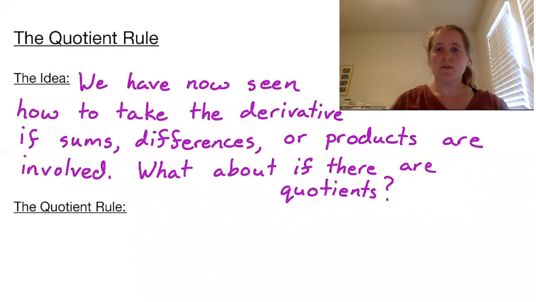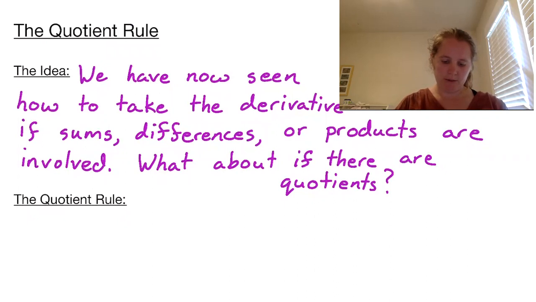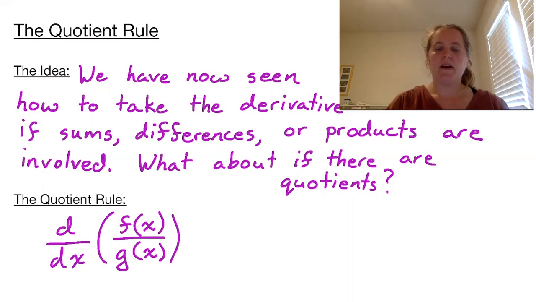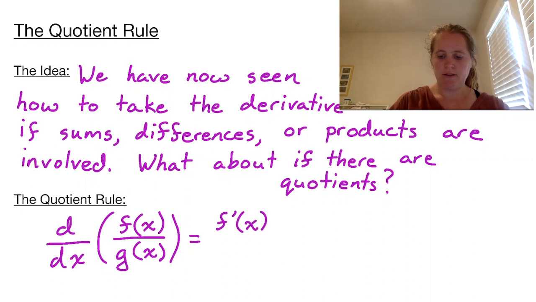So the quotient rule, what we are doing is we wish to take the derivative of a function f of x over g of x. And if we take this derivative, what we wind up getting is the derivative of the first, f prime of x, times the second, g of x.